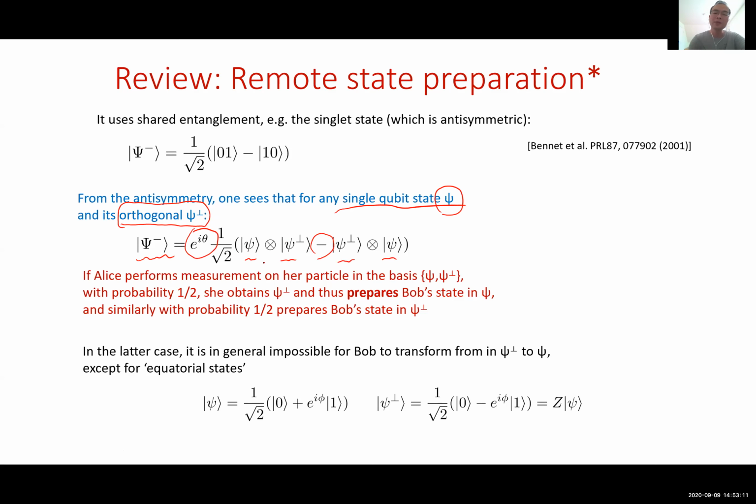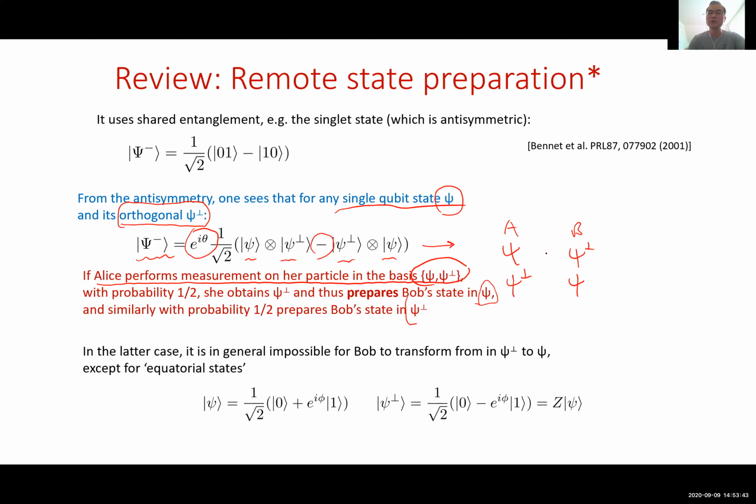but the upshot of this is that if Alice performs a measurement on her side, in the space of psi and psi perpendicular, she can randomly get psi. If that's the case, then Bob gets psi perp. If she gets psi perp, Bob gets psi. This means that she can prepare Bob's states remotely, but it's in a random state.